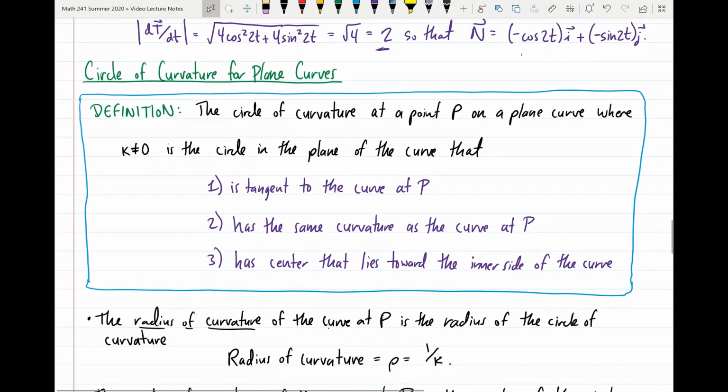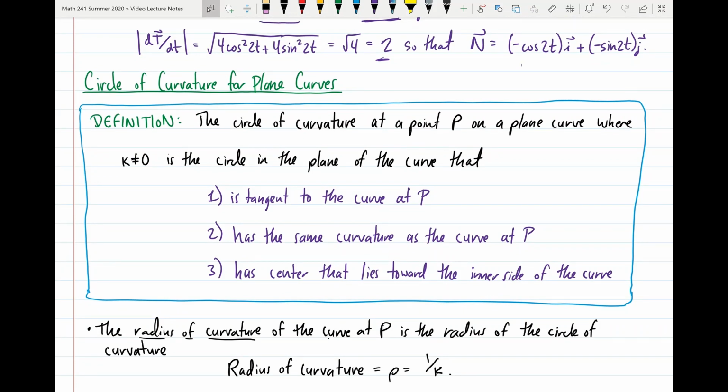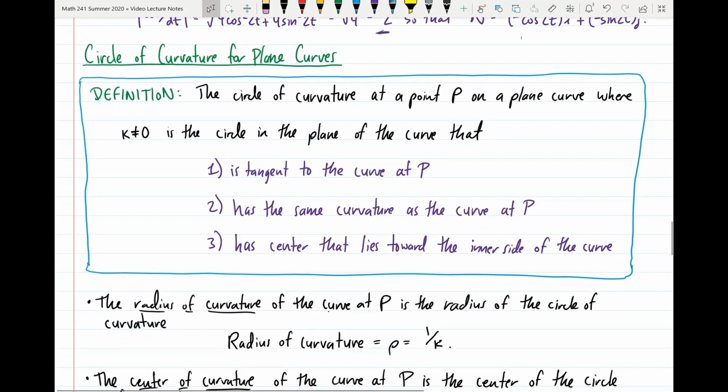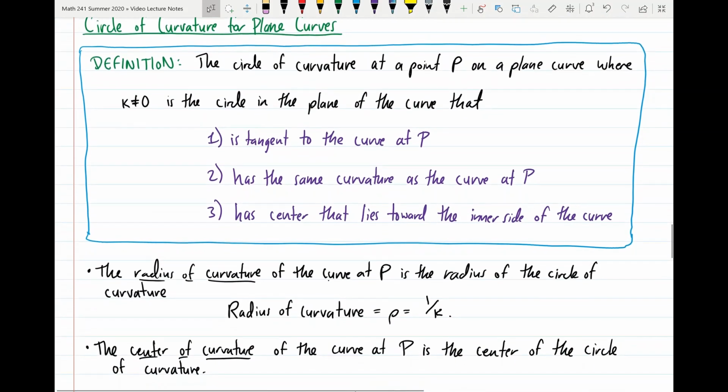So again, we're assumed to have some plane curve, and we've specified some particular point P on the plane curve. Then the circle of curvature at P, where the curvature is not equal to 0 at P, is the circle in the plane of the curve with the following three properties.